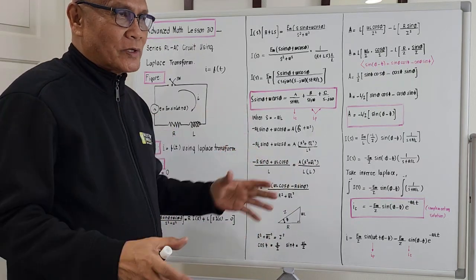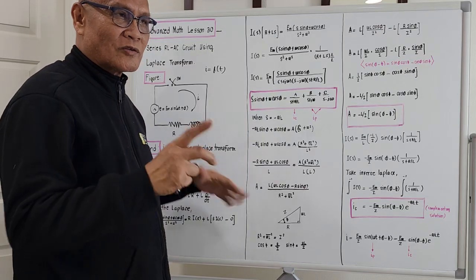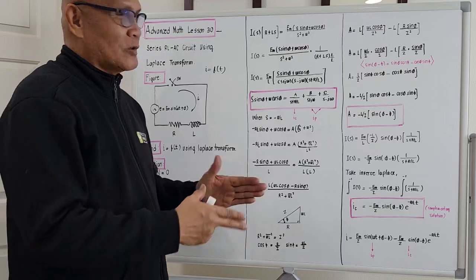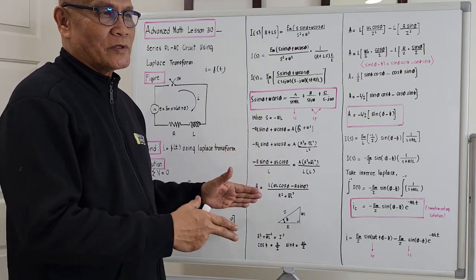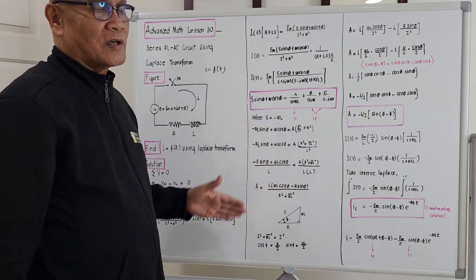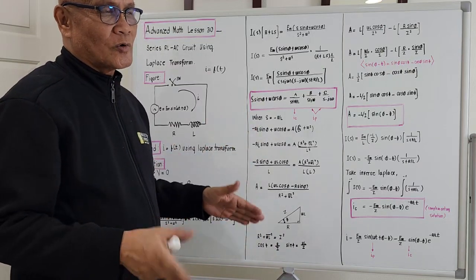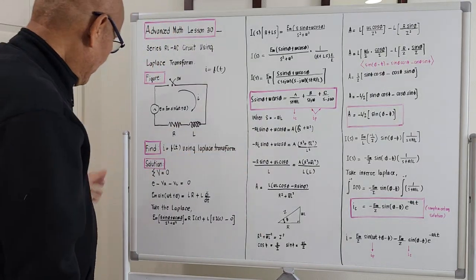This morning we will discuss the same problem using Laplace transform. Since the solution is long, I will just present the complementary solution, and in the next lesson, lesson number 31, I will present the particular solution. Okay, let's proceed.